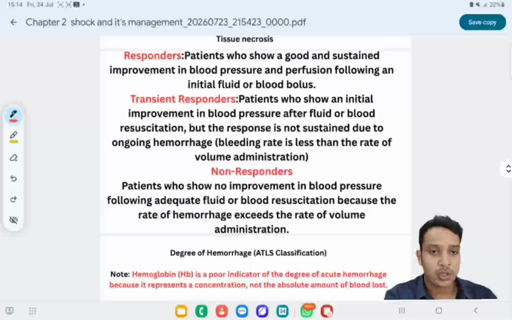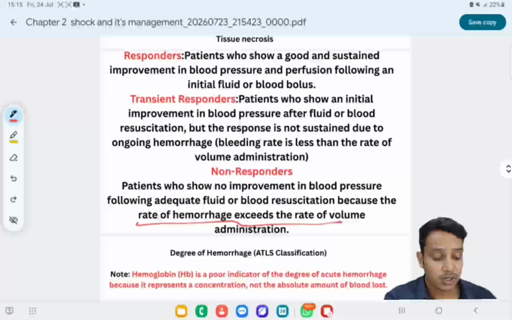And there are non-responders, who are not showing any response to your resuscitation, because in non-responders the rate of hemorrhage is more than the rate of resuscitation. Suppose your patient is losing 1 liter of blood, and you infuse only 250 or 300 ml of blood, the patient will not respond. So these are the non-responders.